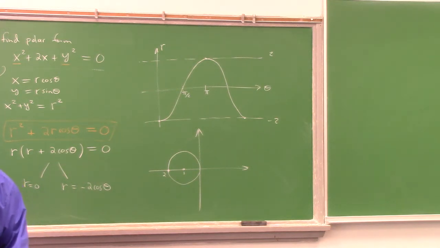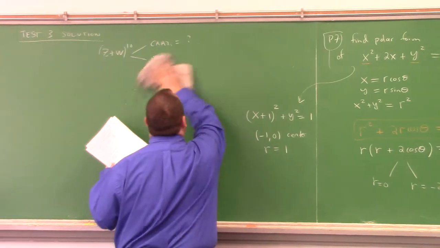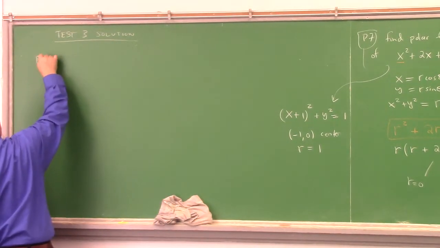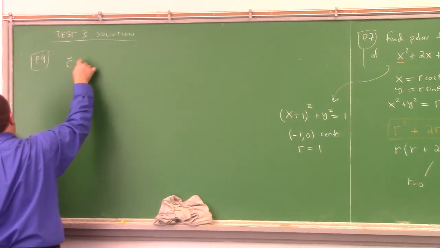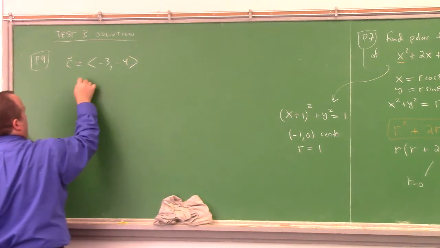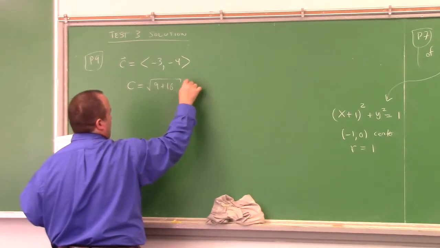But where was I? So, find the standard angle in degrees problem. Vector C was -3, -4, right? So that means the magnitude is the square root of 9 plus 16, which is square root of 25, which is 5.